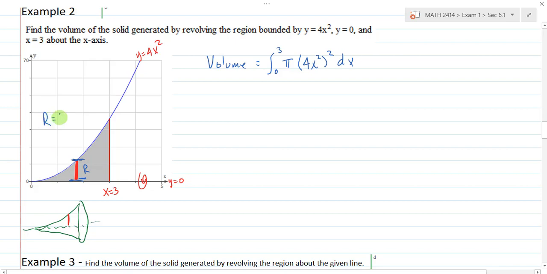The radius is going to be the top of the function minus the bottom of the function. So the top of the function in this case is 4x squared, and the bottom of the function is this value right here, 0. So we said that that was 4x squared. Does that make sense?